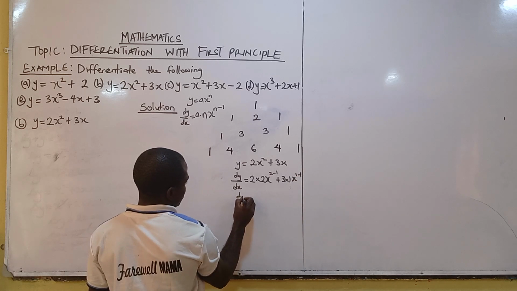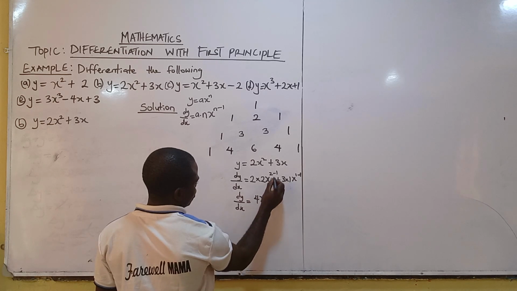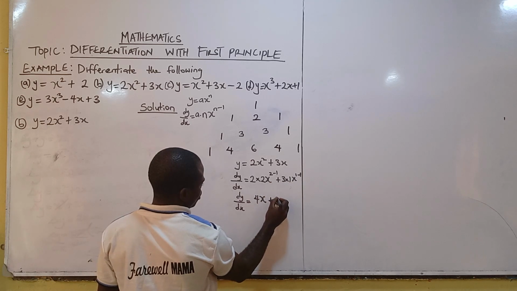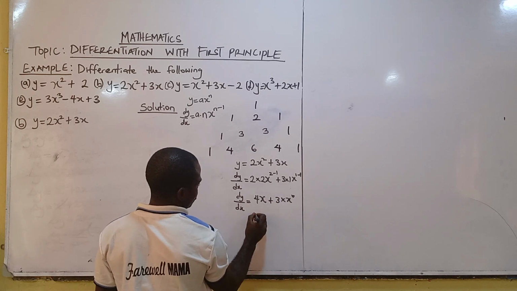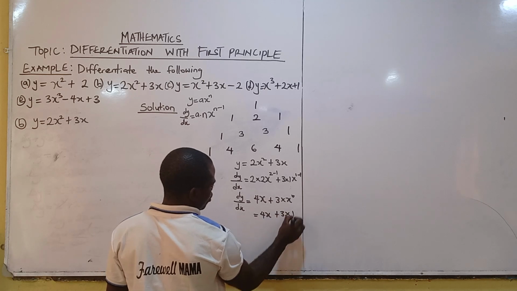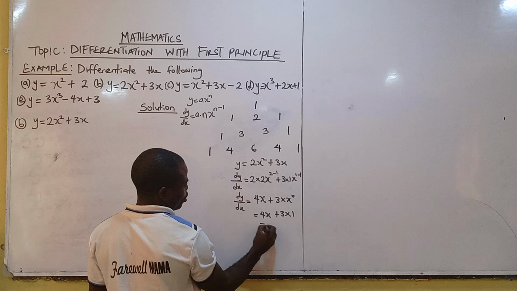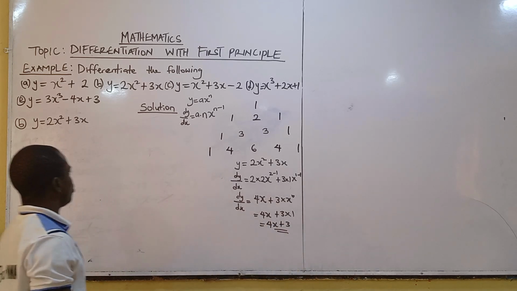We have dy over dx equals 4x plus 3 times x raised to power 0, equals 4x plus 3 times 1. Anything raised to 0 is 1. Just 4x plus 3.